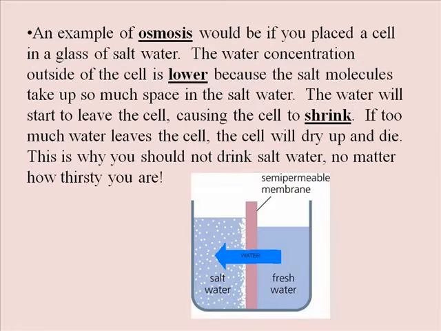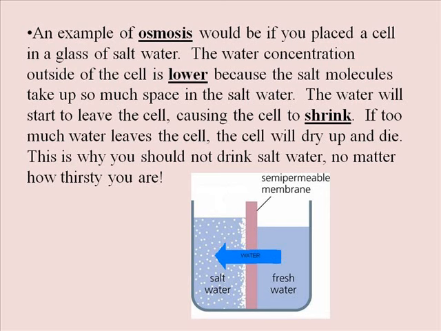So, an example of osmosis is if I were to place one of your cells into a glass of salt water. There would actually be more water molecules inside of your cell and less in the glass because you have all this salt taking up space in the water of the glass.